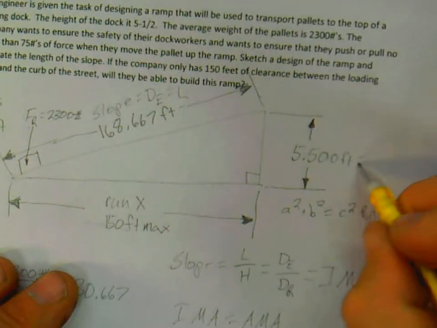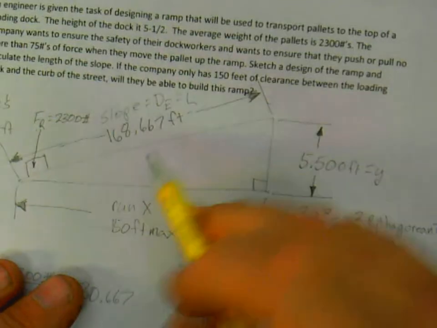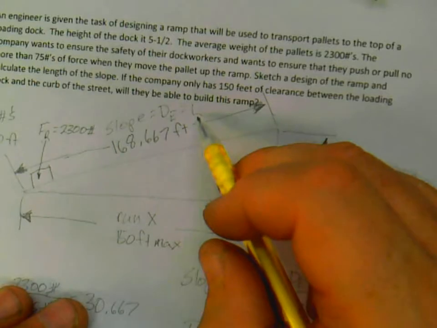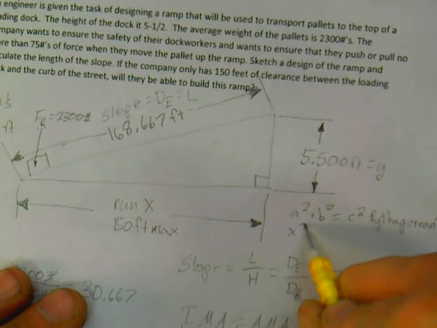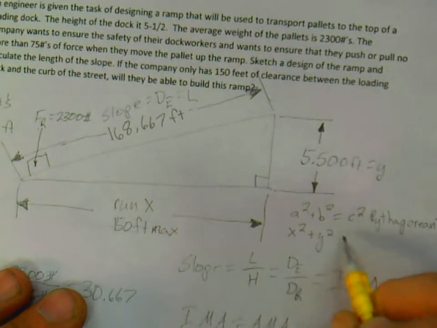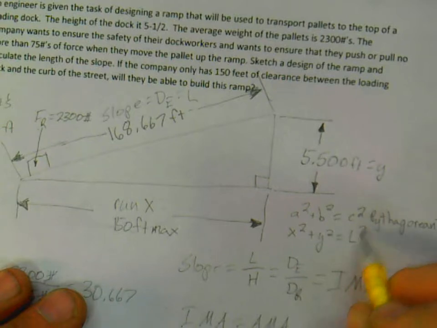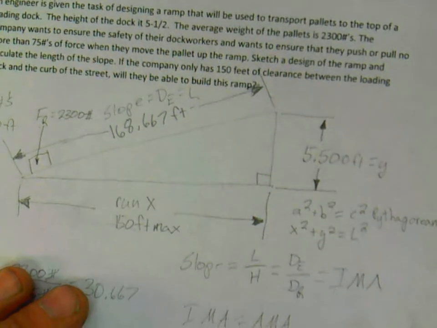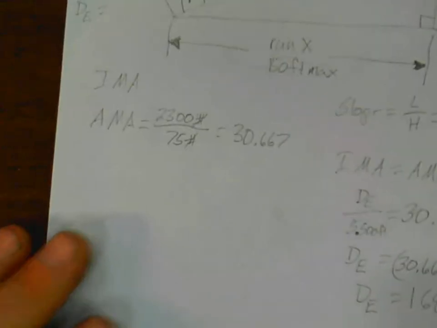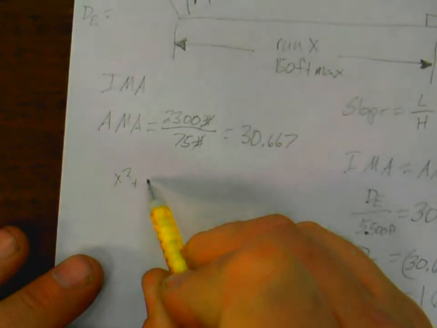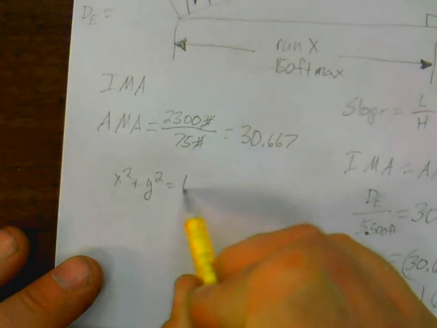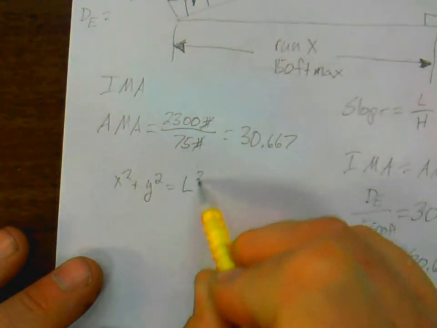So let me go down here on my paper where I have some space, because we're now looking for x squared plus y squared equals L squared. And that L squared, moving back up here, is my hypotenuse. This is my x, this is my y. Let me put in what I know right now from the numbers I've already calculated, and we're going to hope that we get less than 150 feet.